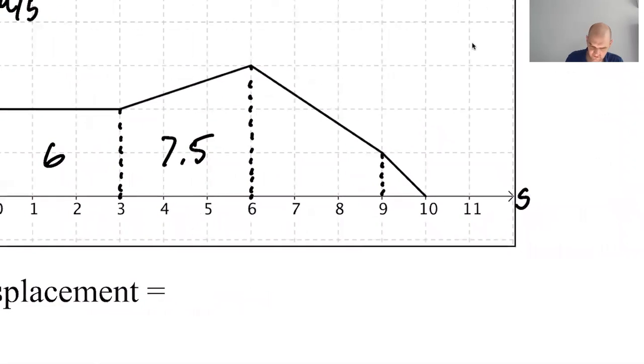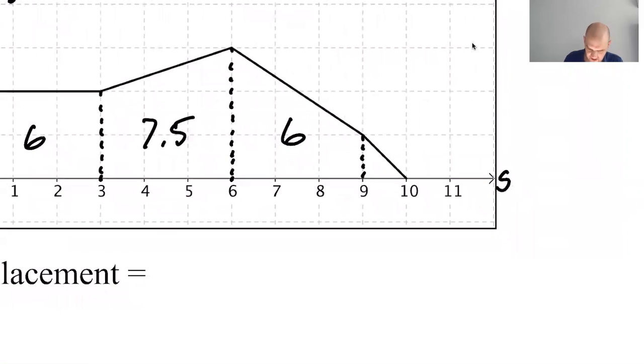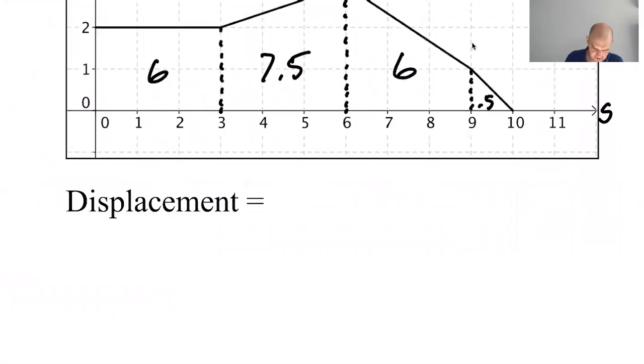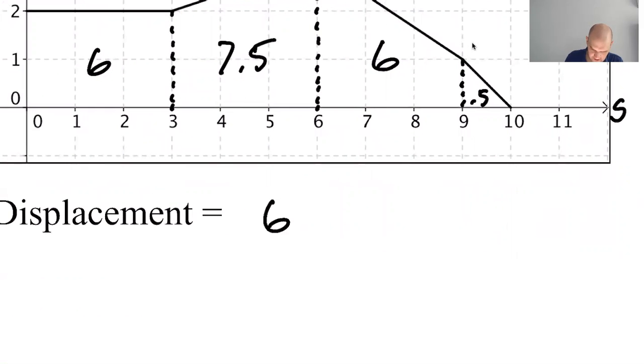And then here we're gonna get 3. And then this is 3 by 2, but half of it. So 3. 3 plus 3 is 6. Is that right? How could that be? Oh, yeah. Okay. I think that's right. And then this is going to be half of 1 by 1, so just half, so 0.5. So our displacement is going to be 6 plus 7.5 plus 6 plus 0.5.